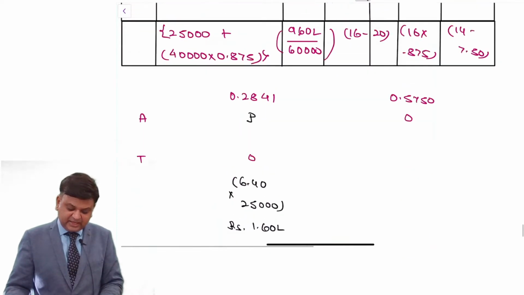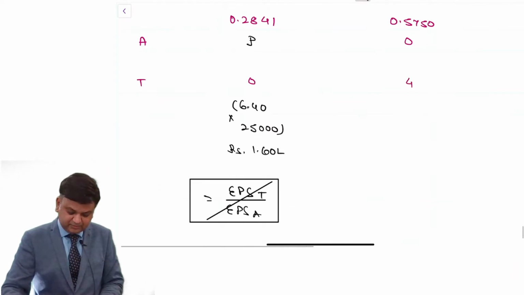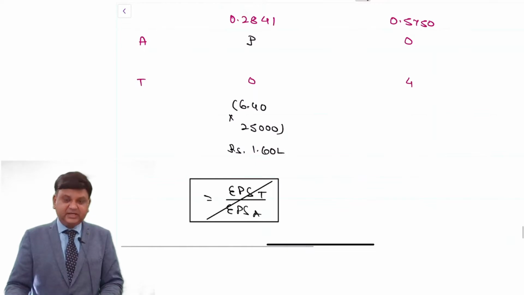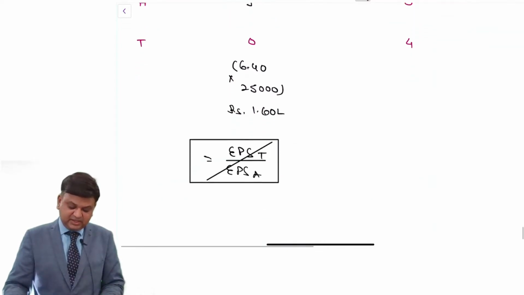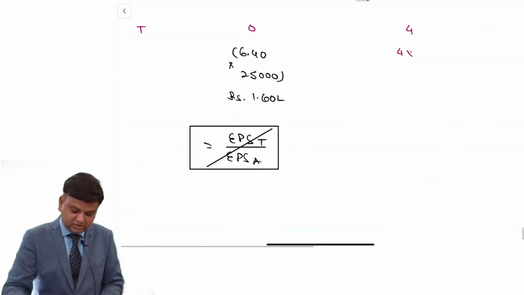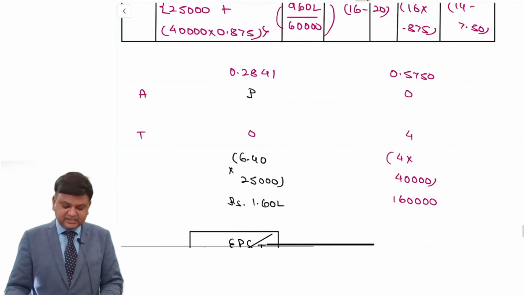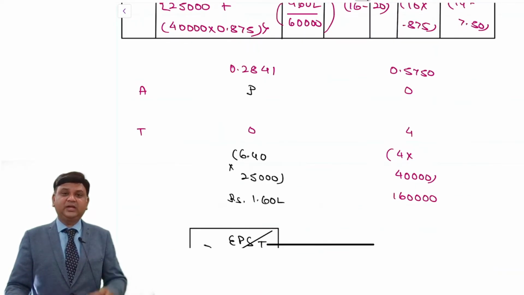And the target company has a profit of 4 rupees per share. Its number of shares are 40,000, so 4 into 40,000 comes again to 1,60,000. That is how this 1,60,000 is going to the target company.